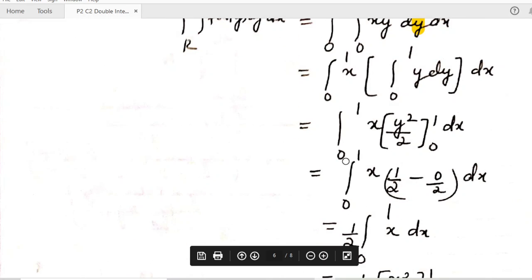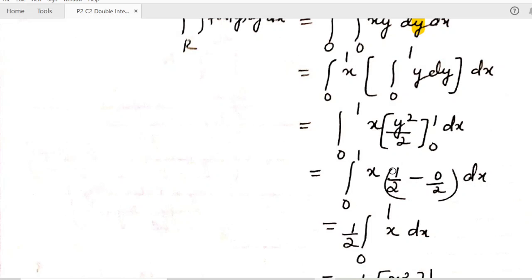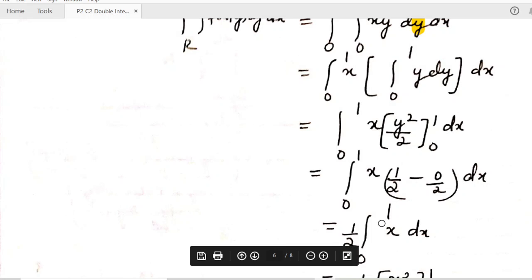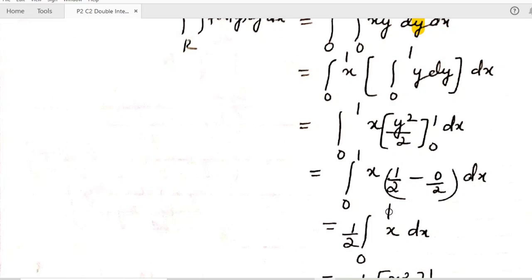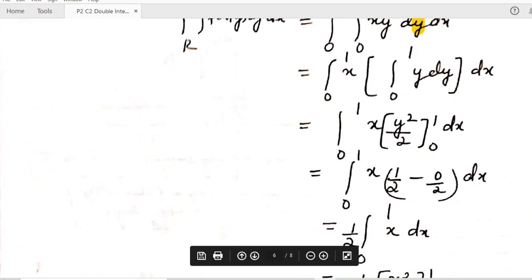Now we put upper limit minus lower limit, so we get integral 0 to 1 of x into 1 by 2 minus 0 dx. The 0 term vanishes and we get 1 by 2 into integral 0 to 1 of x dx.